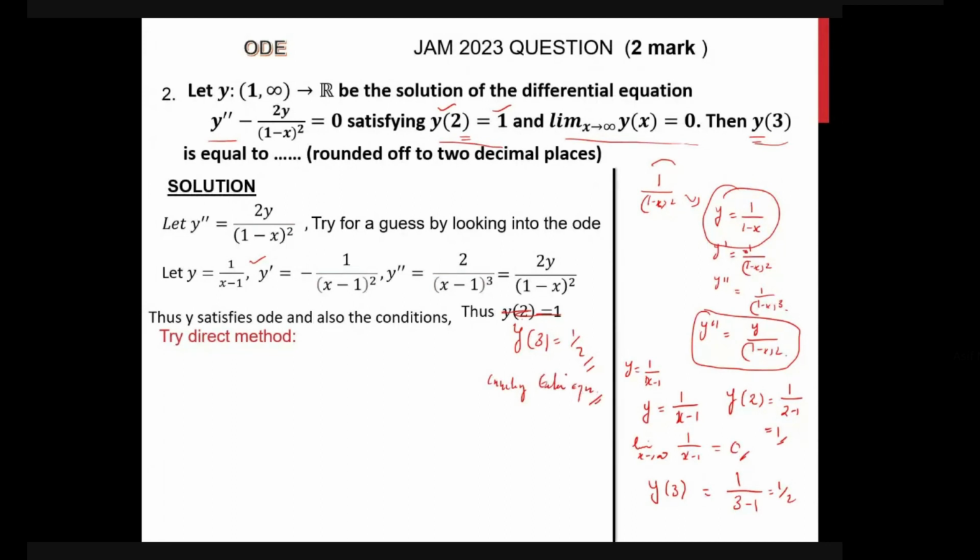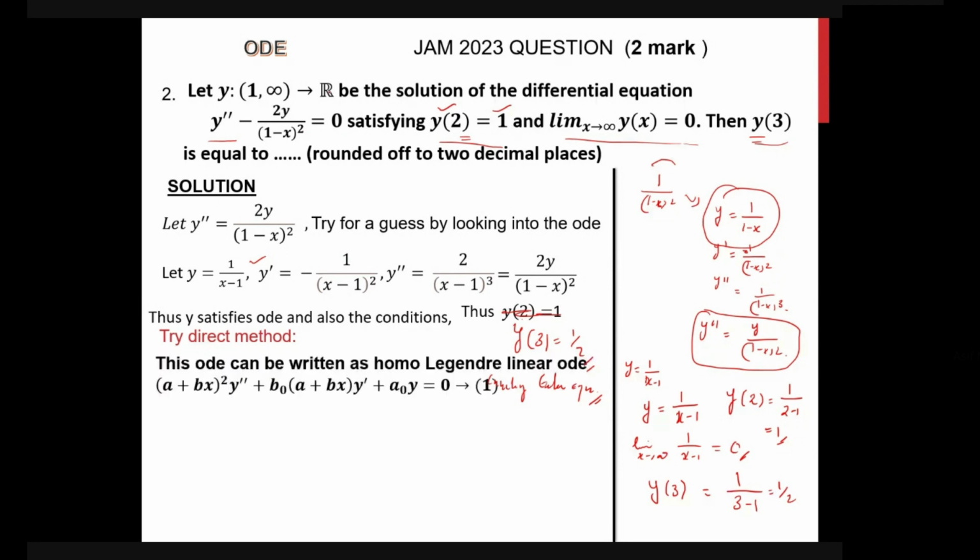There is one more equation called the homogeneous Legendre linear equation, which is of the form (a plus bx) whole square y double dash plus b naught (a plus bx) y dash plus a naught y equal to 0. So this is actually a Legendre equation.